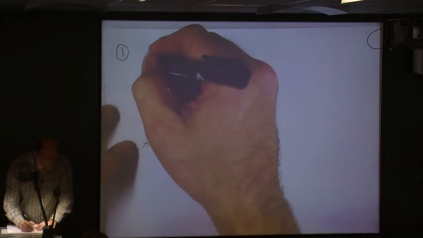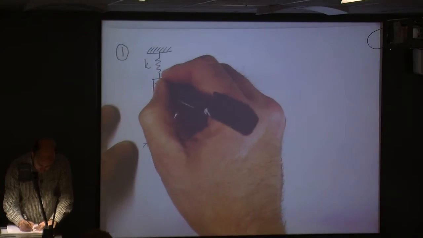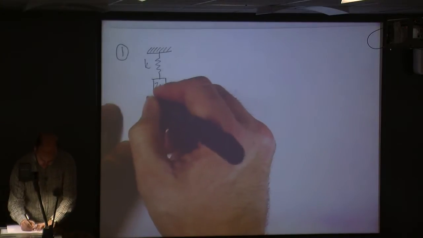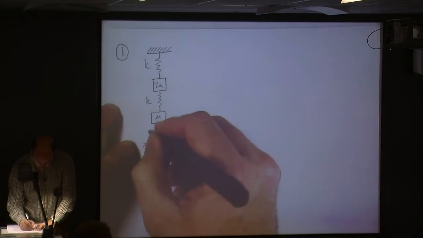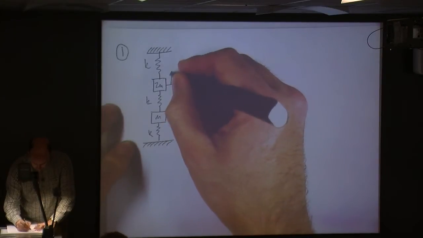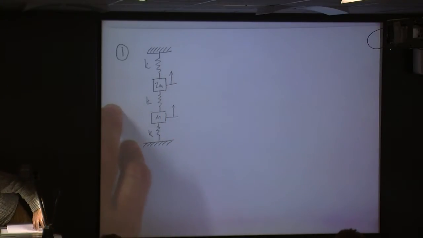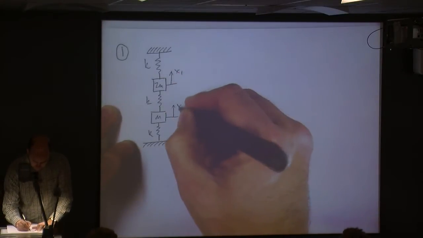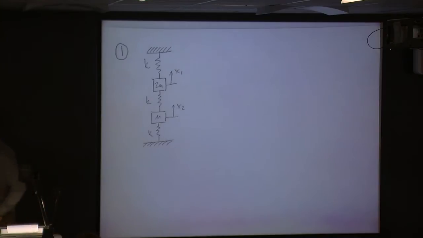Here we've got K. Here we've got 2m. We've got K here, M here, and K. And we've got 2 directions, X1 and X2. So I'm just reproducing what's in the diagram in your book.